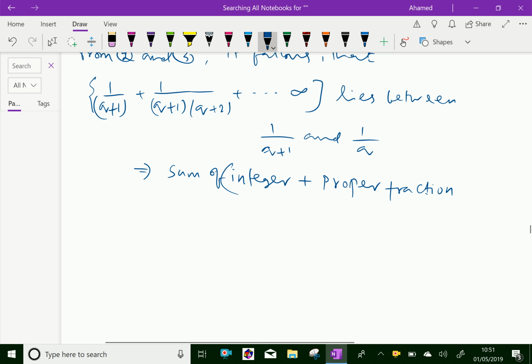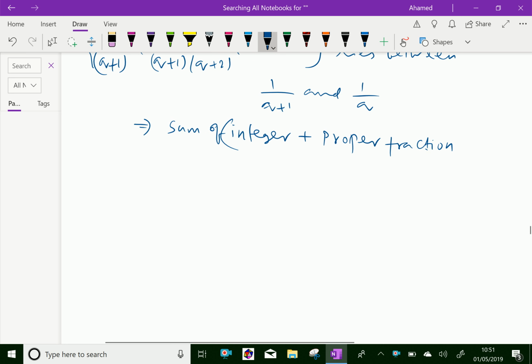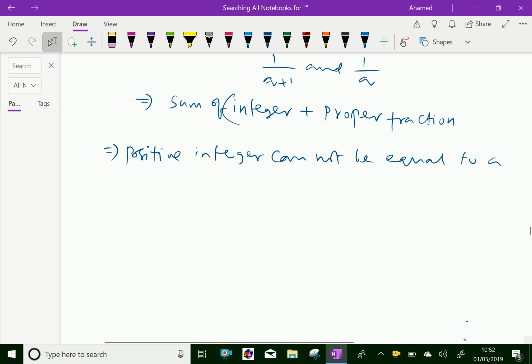But a positive integer cannot be equal to a fraction.